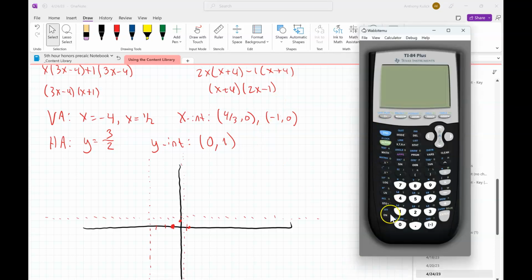So let's go ahead and figure out what's happening at these asymptotes. In the calculator, y equals 3x squared minus x minus 4 over 2x squared plus 7x minus 4.